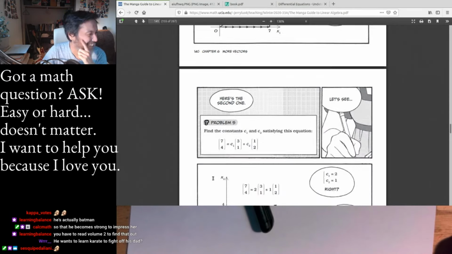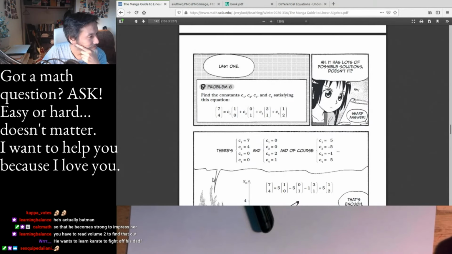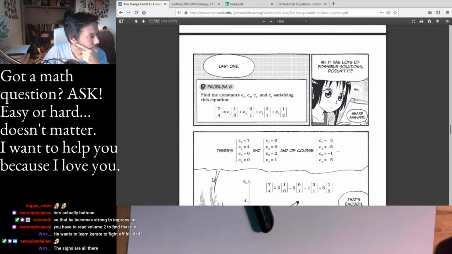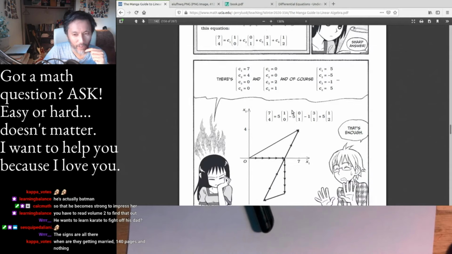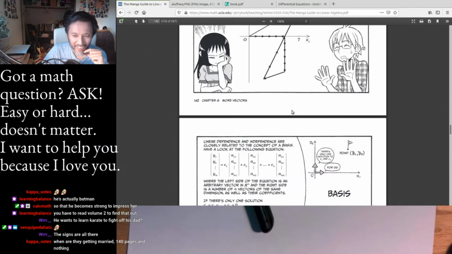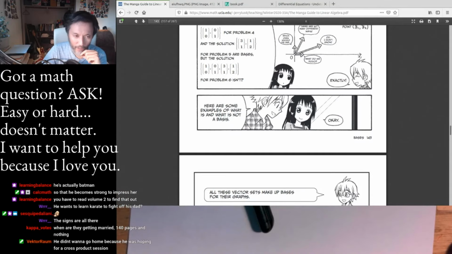This is getting dark. Never mind. Wait, she can just look at this and she knows. Oh, I guess it's 4 vectors. They touch hands once. One touching of hands.